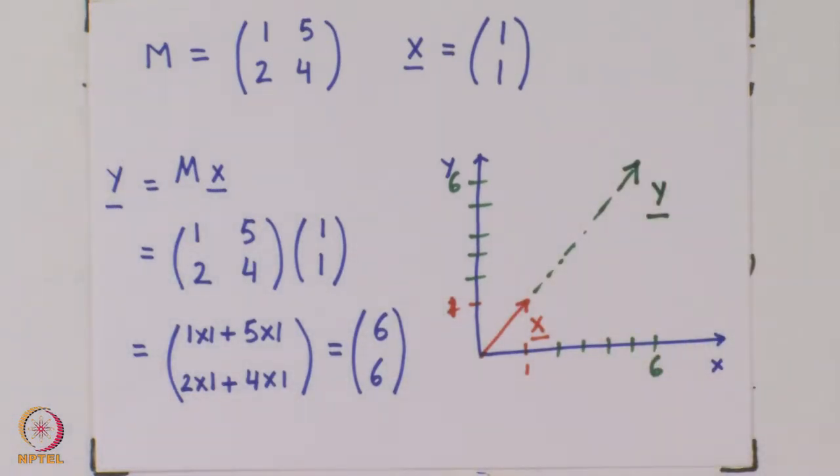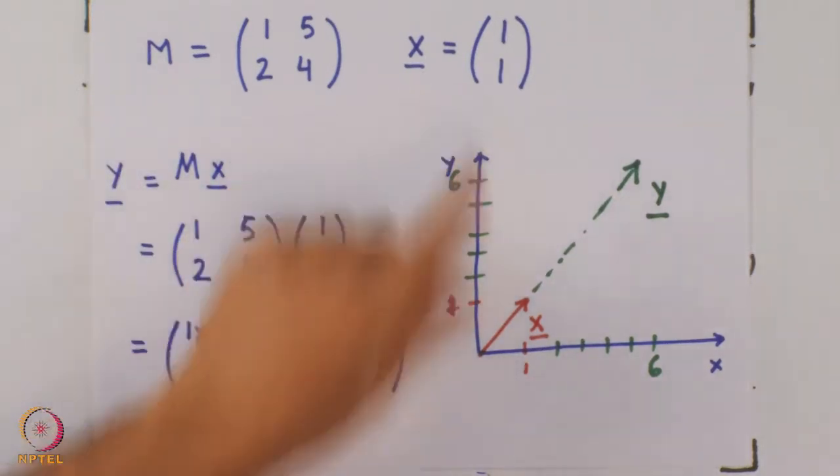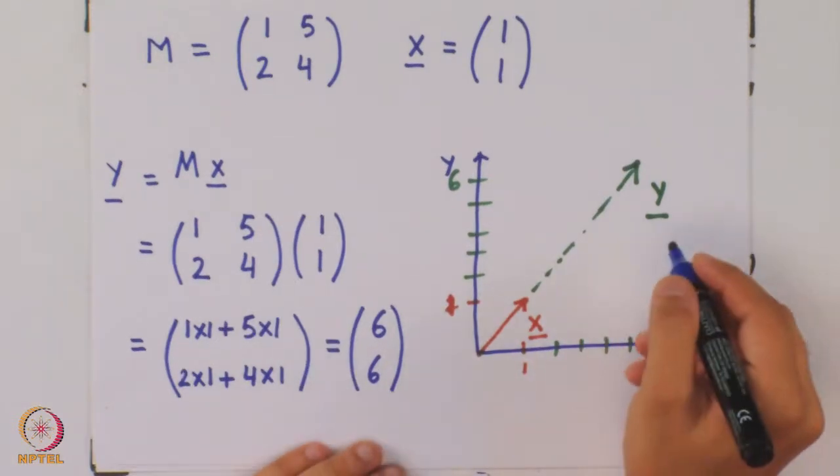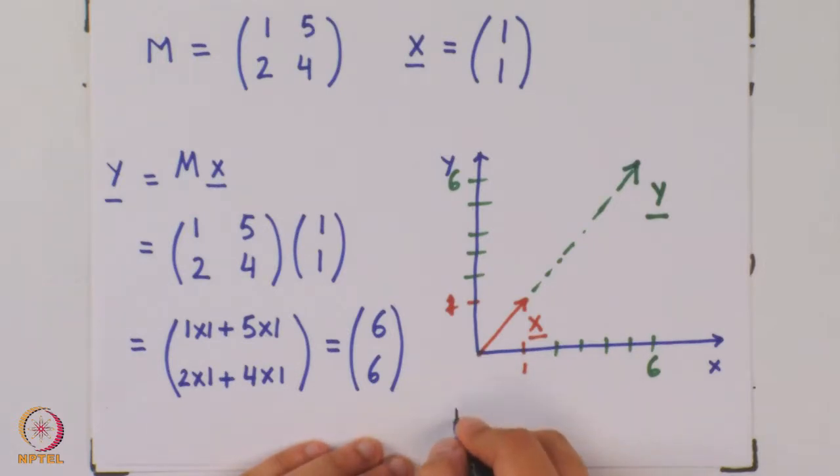This is my vector y. And now a curious thing has happened: the same matrix, when multiplied with another vector x, seems to have caused no rotation this time, and the only effect that can be seen here is just the change in magnitude.